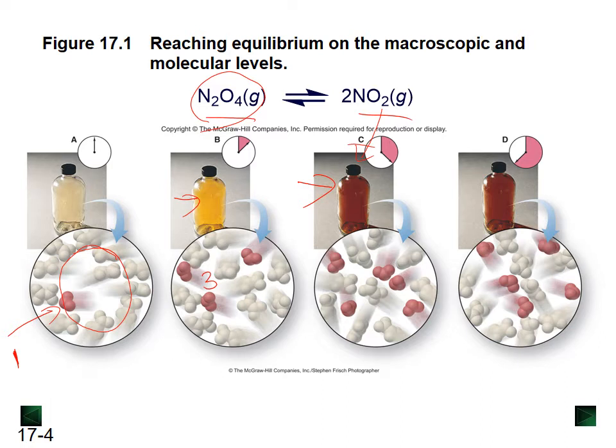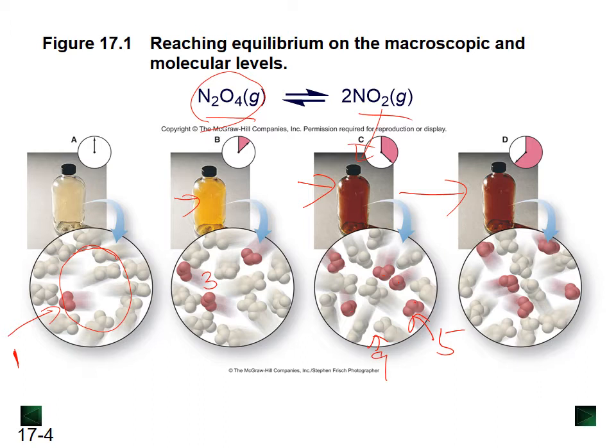In this case, you have 1, 2, 3, 4, 5, so 5 products, and you have 9 reactants left. Now if you leave it even longer, no matter how long, the reactants and product don't change anymore.